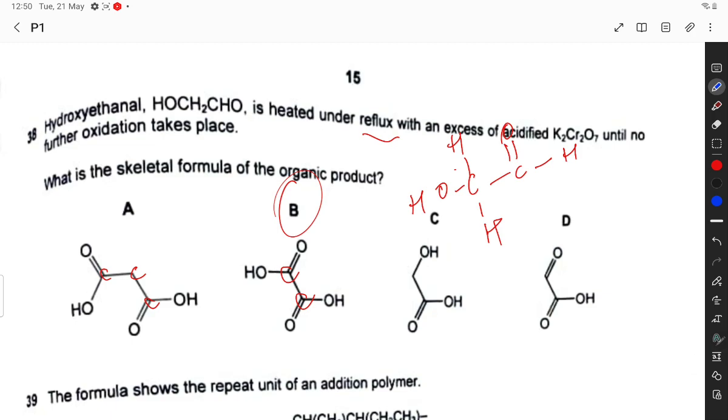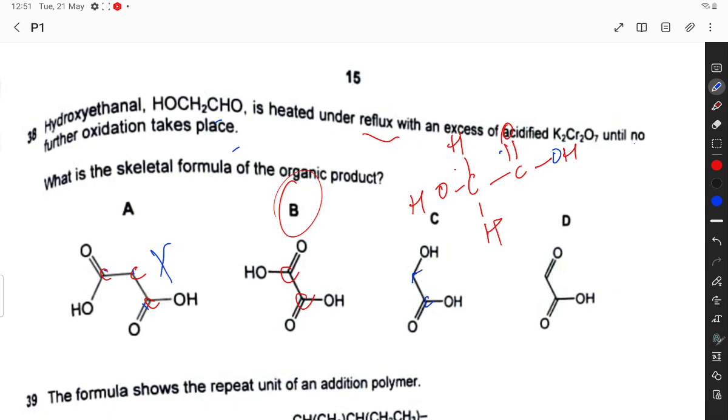Ethane-1,2-diol is heated under reflux with an excess of acidified potassium dichromate until no further oxidation takes place. What is the skeletal formula of the organic product? So this is a 1,2-diol, and there are 2 carbons. 1, 2, 3. This has 3 carbons, so it is incorrect. 1, 2.